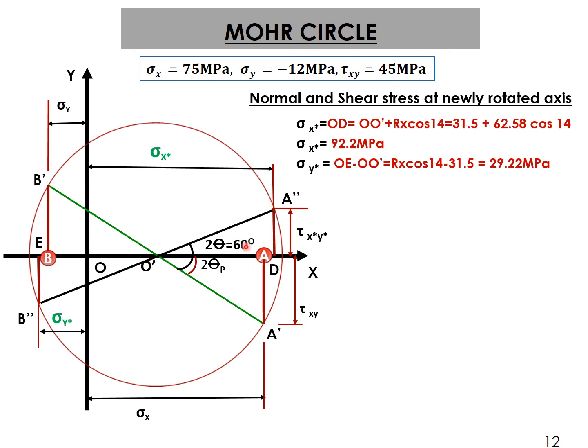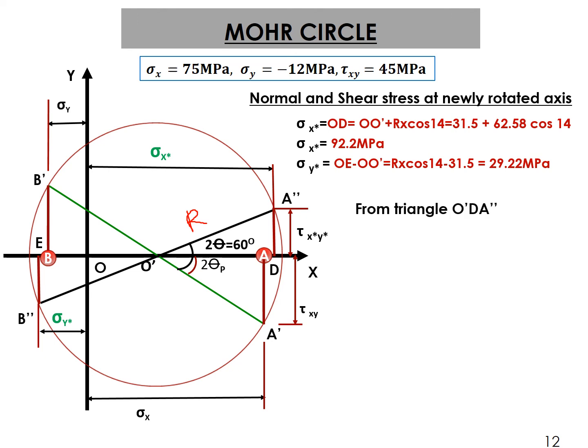In this right triangle, this O dash A double dash is the radius. This line is the radius, and I can take this right triangle.